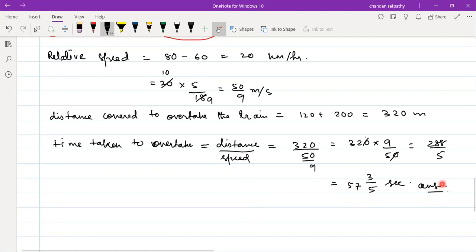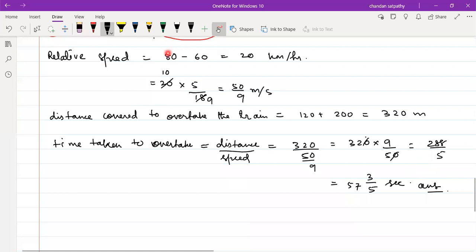Understood? So like this, we have completed question number 1, bit 1, bit 2, bit 3, bit 4. Now you see students, all these 4 bits are 4 types of questions. Question number 2, 3, 4, 5, 6, and 7 are all of the same type.